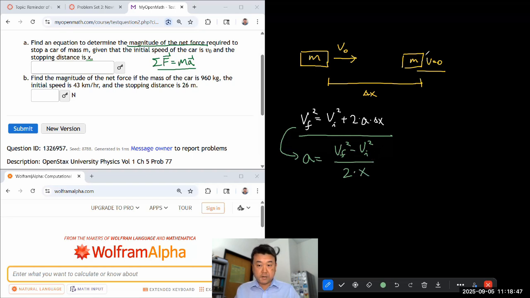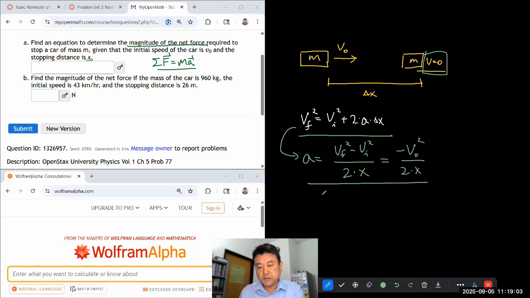Now, here the final velocity will be 0. It's going to stop. So plugging that in, it's minus initial speed v naught squared over 2x. From here, if you want net force, that would be mass times acceleration, so it would be minus m v naught squared over 2 times x.